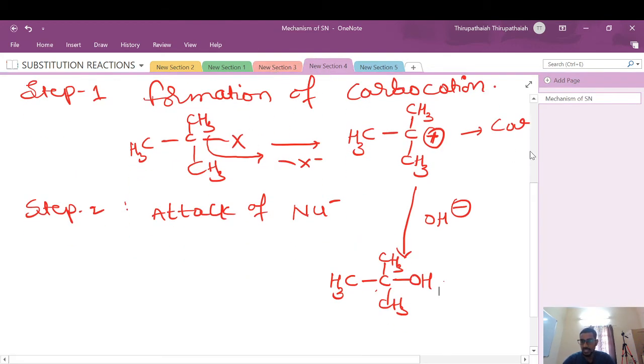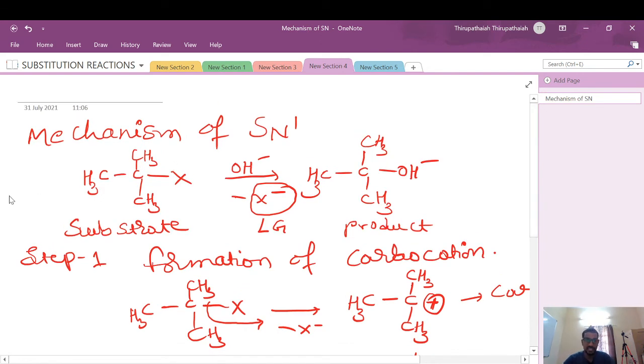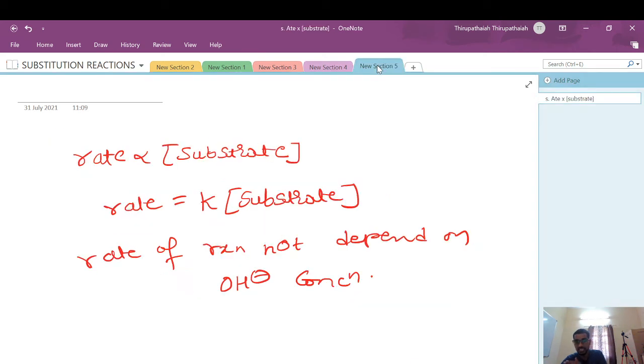See here, there are two reactants. One is OH minus and the other one is neopentyl halide, that is (CH3)3C-X. It is one reactant. OH minus is the other reactant. There are two reactants in the reaction mixture, but the rate at which the reaction takes place, that is, within a given time period, let us say 1 minute, how many molecules of reactant are converted to product, does not depend upon the OH minus ion concentration.